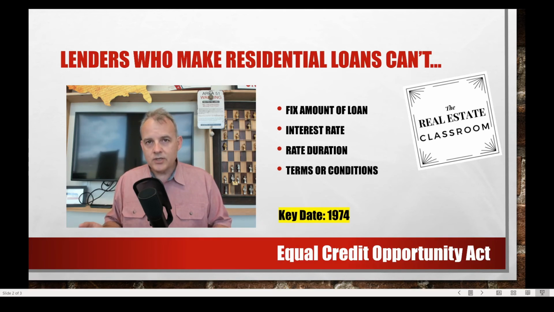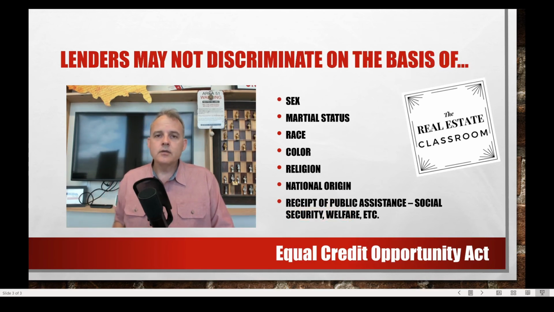And that's a key distinction. All right, so keep that in mind. The Equal Credit Opportunity Act prohibits these four prohibitions based on these protected classes, and you just simply have to know it for your real estate licensing exam.